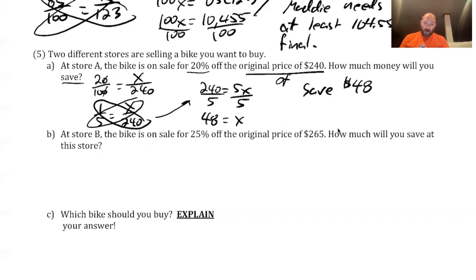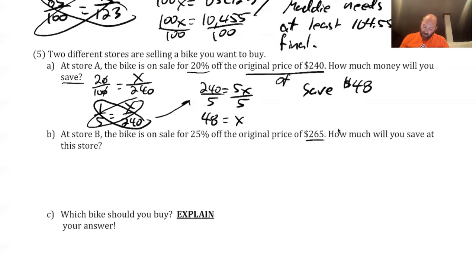At store B, the bike is on sale for 25% off the original price of $265. So it's the same setup. How much will you save here? So instead, we're going to do 25 over 100 equals X over 265. Same idea as before. I can reduce this fraction here, 25 over 100. That's going to reduce down to 1 over 4 equals X over 265. And then I can cross multiply.